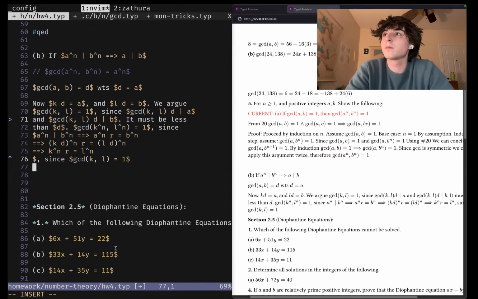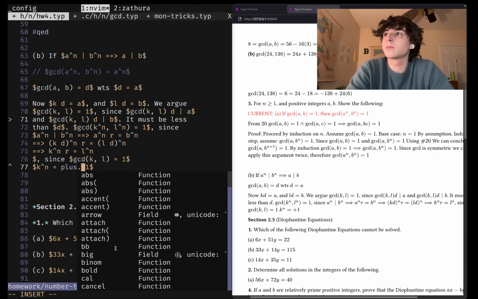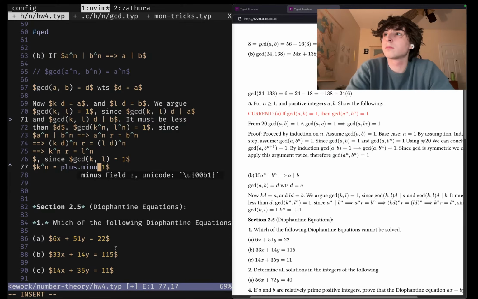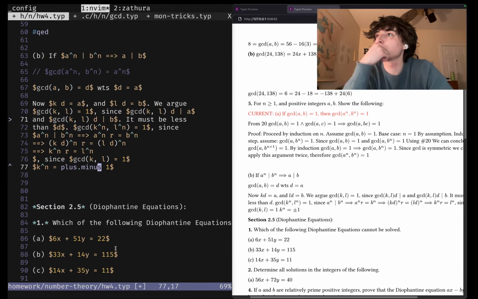From that, I think it's fine to say that k has to be plus or minus 1. Technically there should be steps in between, but maybe you've covered this in classes. It comes down to the integers having only two roots of unity.